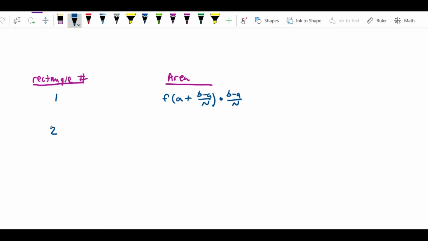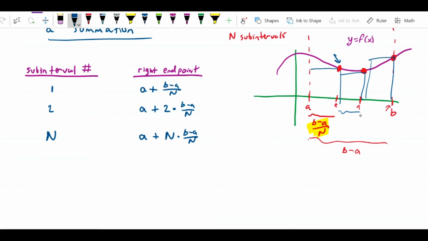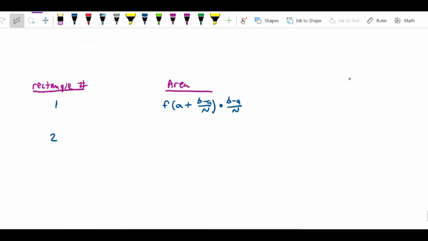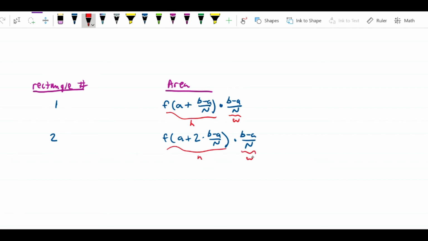The second rectangle is, I'm going to plug in this point, which is a plus 2 times b minus a over n. So I plug that into f. That's a plus 2 times b minus a over n, then times the width of the rectangle, which is b minus a over n. So here's the height, and here's the width.